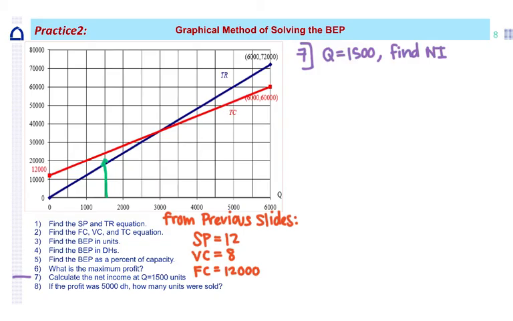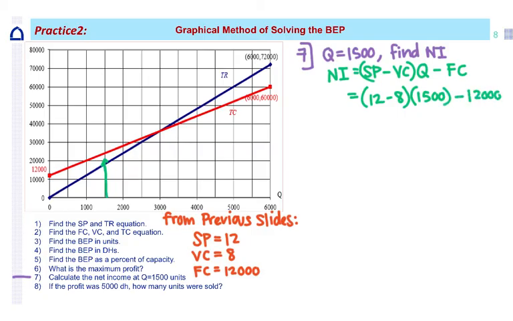Let's use the net income equation. Net income is selling price minus variable cost, times quantity, minus fixed cost. Now we have everything we need to plug in. So 12 minus 8, they told us the quantity was 1,500, and the fixed cost is 12,000.